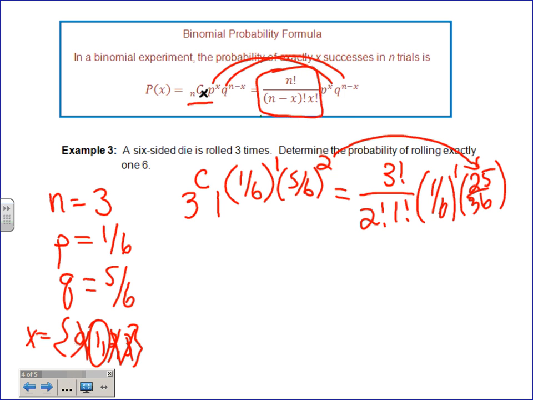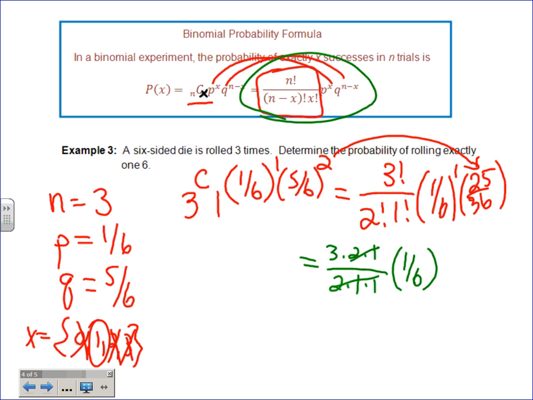So again, I'm just basically substituting it in here now. Well, the nice thing is, this is saying 3 factorial, right? So that's saying 3 times 2 times 1, right? Over, this is saying 2 factorial, which is 2 times 1 times another 1, right? So in other words, it's just 3 times 1/6 times 25/36.